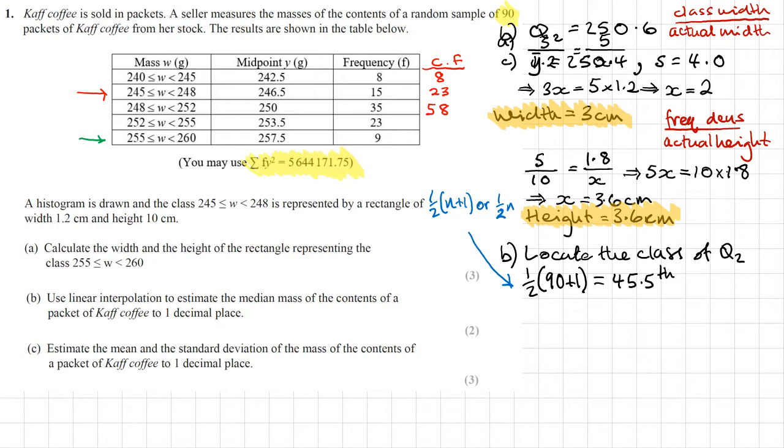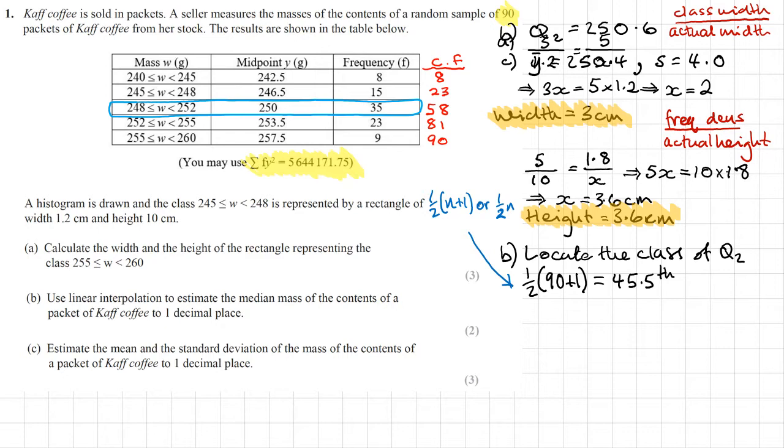Plus 3, 81, and then 90. So the 45th number is going to be in this third group here, 248 to 252. Let's highlight that so I don't miss anything out. This is where I'm going to find the median, somewhere in this group here.